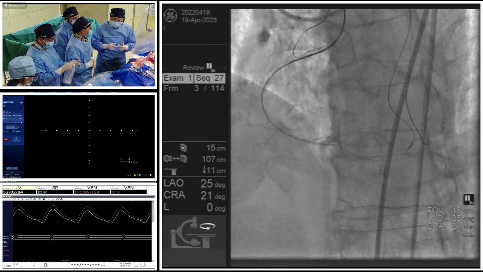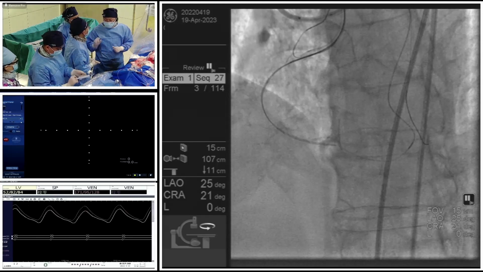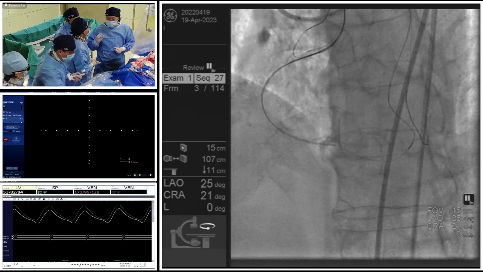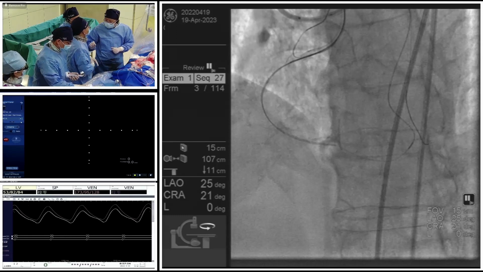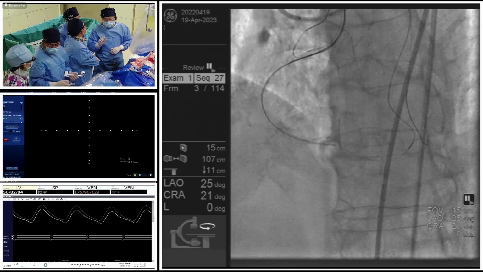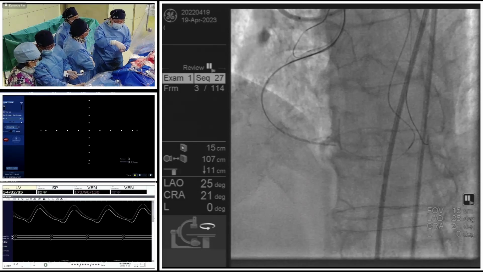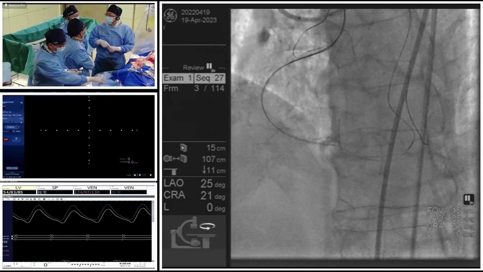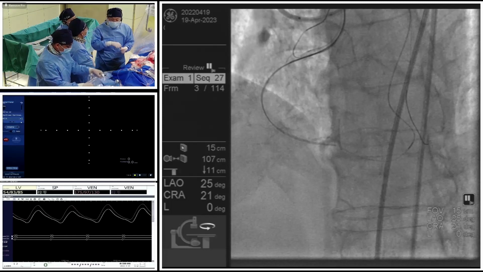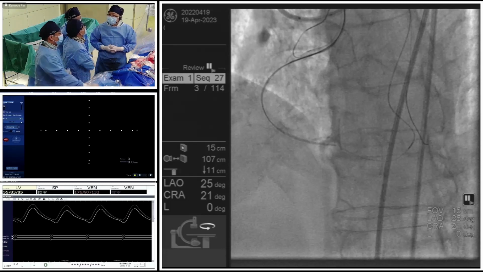So for antegrade and retrograde perforation, we use the Fielder or Finecross microcatheter and 3-0 absorbable suture, about 8 to 10 millimeters in length, put inside the Finecross microcatheter, and use the workhorse wire to push the silk suture to the perforation site.